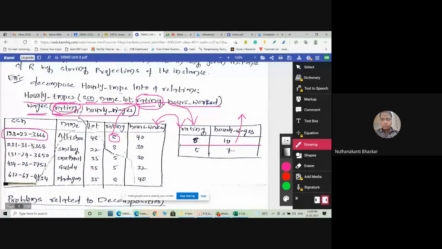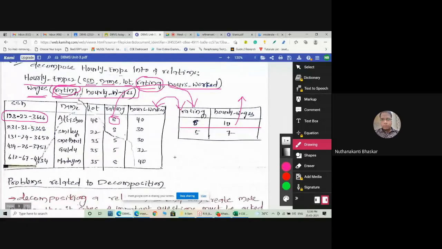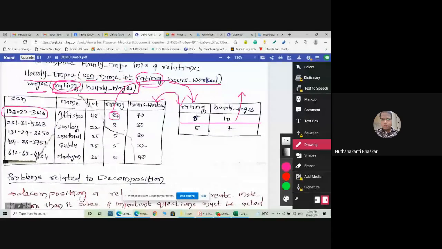One point you should also remember: we can avoid redundancy using the database management system, but you cannot completely remove it, because this table still contains rating three times, LOT three times, and hourly wages also. Without functional dependency, we cannot decompose the table and we cannot remove the redundancy.